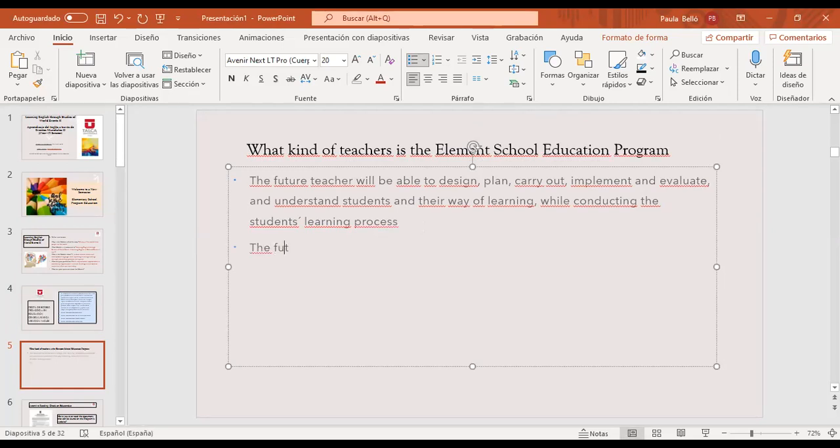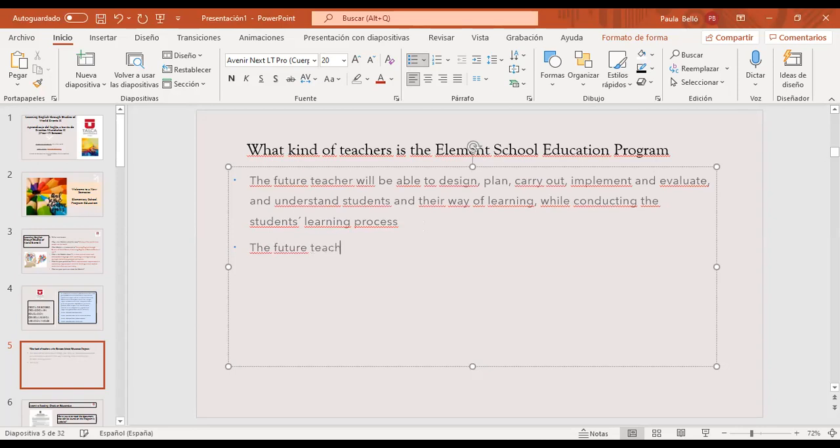Even you have some notions of music, art, technology and orientation. So you will have an ample spectrum of subjects in which you can develop. Yes, Catalina?